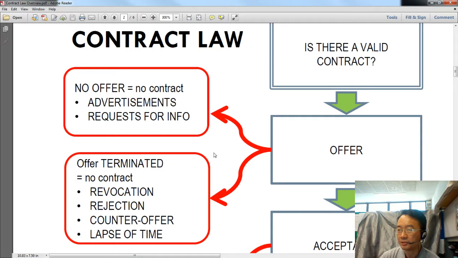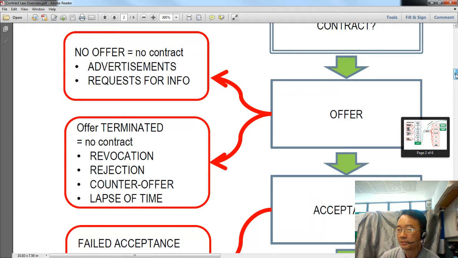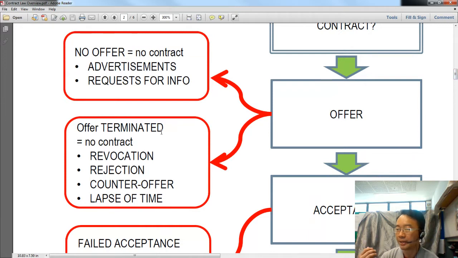Sometimes an offer is given, but it's terminated. And it can be terminated by revocation, meaning you pull it back. But remember, you must pull it back before it has been accepted. If you pull it back or revoke it before it's accepted, then the offer is terminated. The other way is it could be rejected by the offeree. If the offeree has rejected it, and that includes a counter offer, then the offer is also terminated.